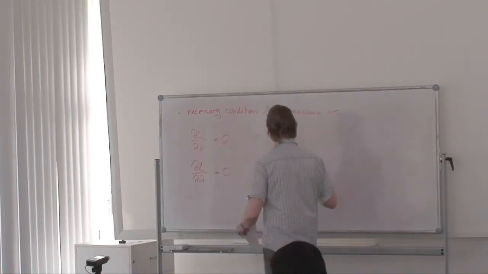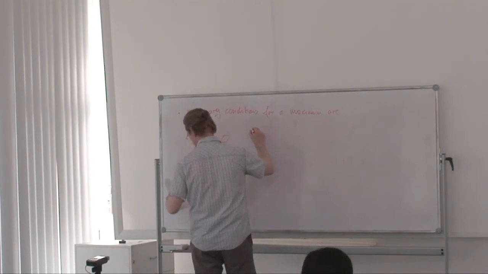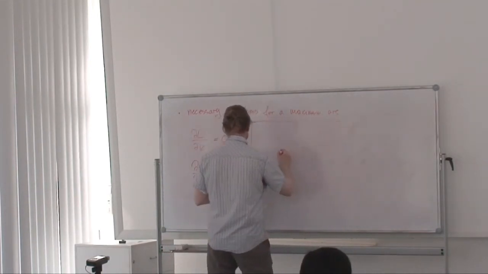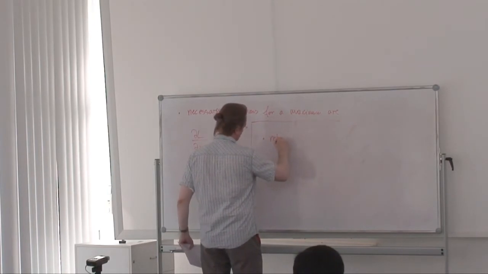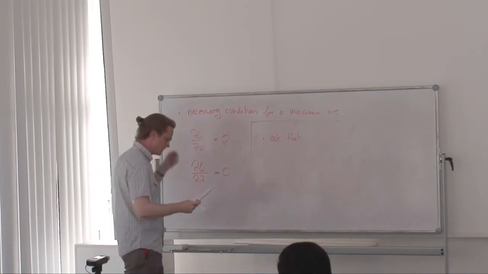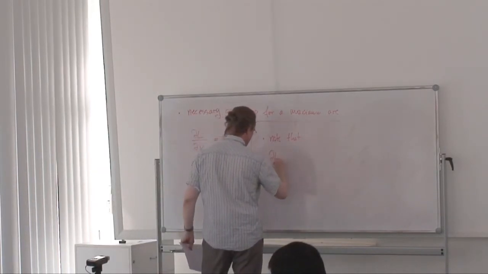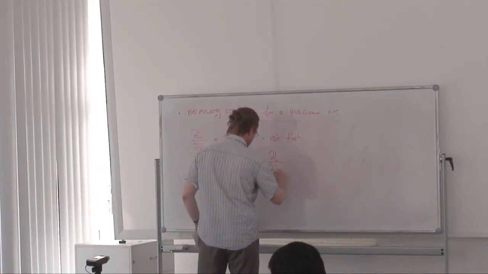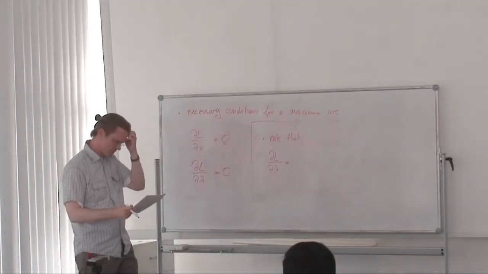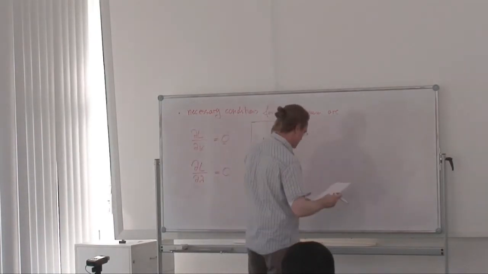Now, let me continue here. I'll note that this is actually easy to compute. If we compute dL with respect to d lambda, all we have to do is get rid of the lambda.